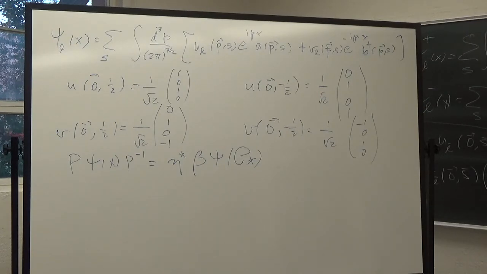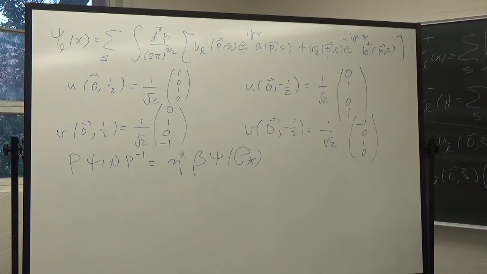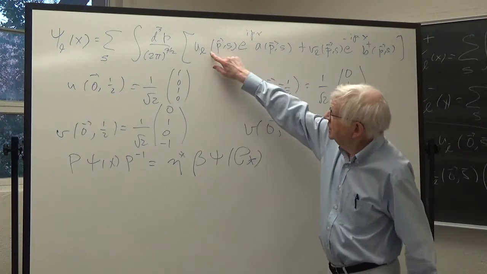Can I have a question going back a little bit? What's the dimension of the u's and the v's? Because spinors have a matrix acting on them, so they're vectors.